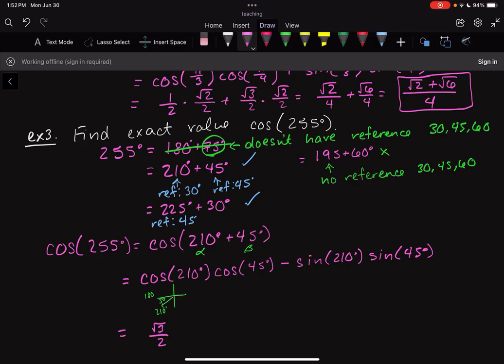But we have to be careful. It's in quadrant 3, so it'll have to be negative. Cosine 45 is root 2 over 2. Sine of 210, so that's the same as sine of 30 degrees, which would be a half. But be careful because it's negative since it's in quadrant 3. Sine of 45 would be root 2 over 2.